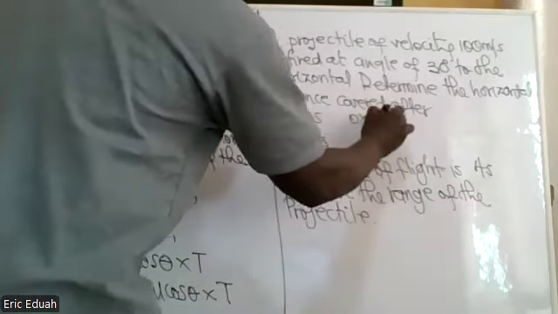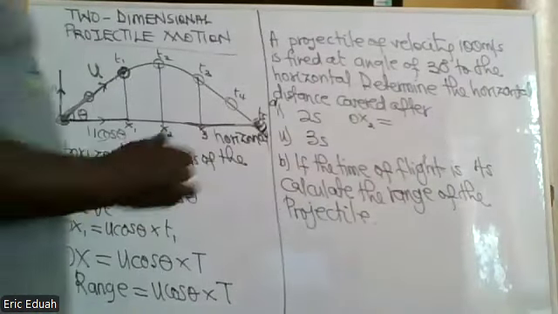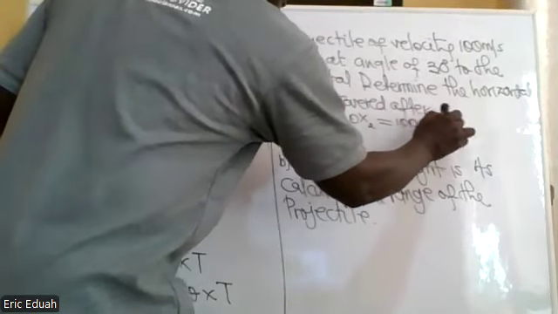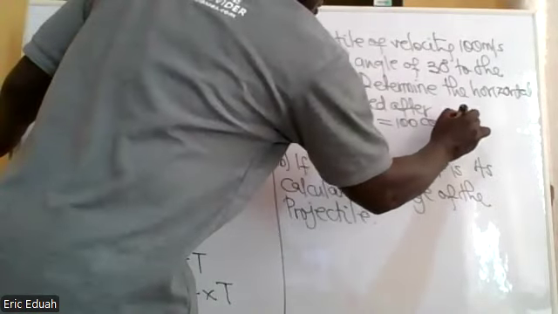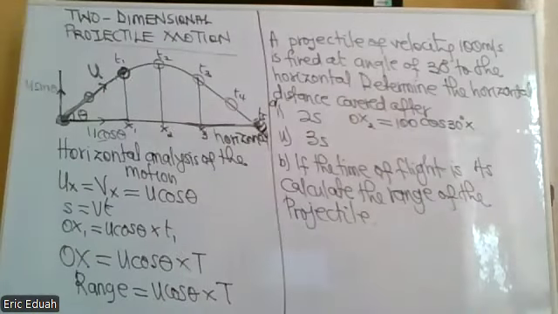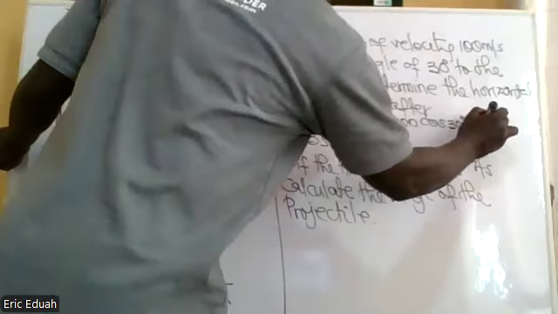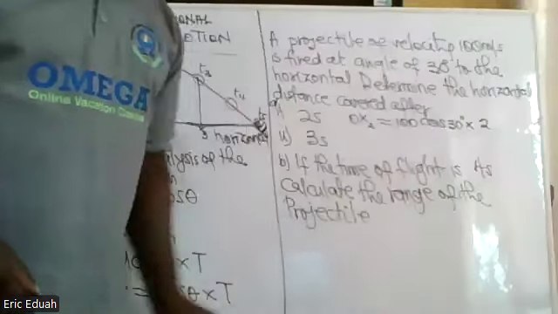So this will be equal to the constant horizontal velocity, which is u cos theta, and u is 100. 100 cos 30 times 2 seconds. So cos 30 is 0.866, so 86.6 times 2.